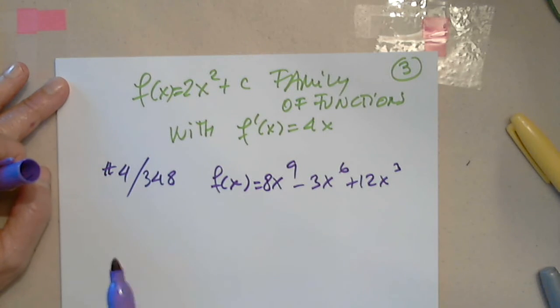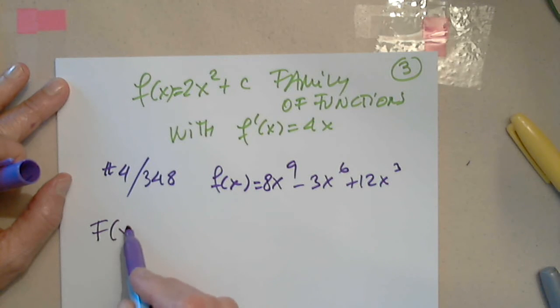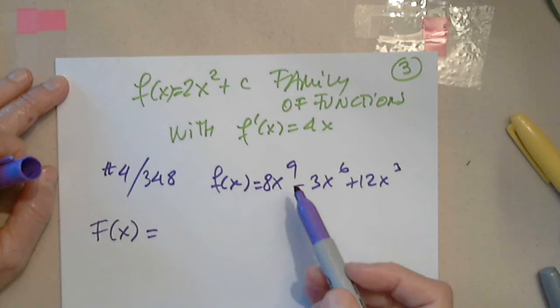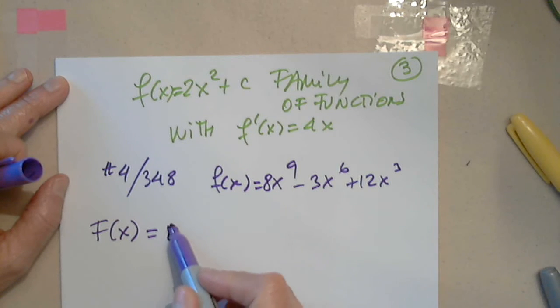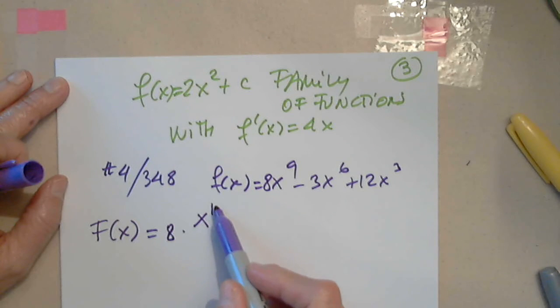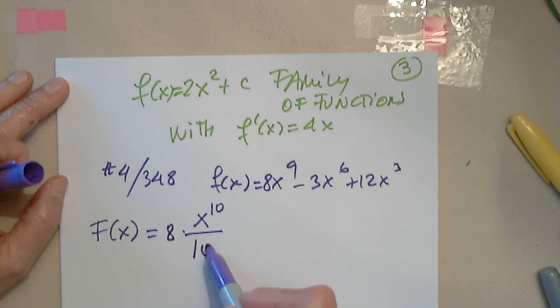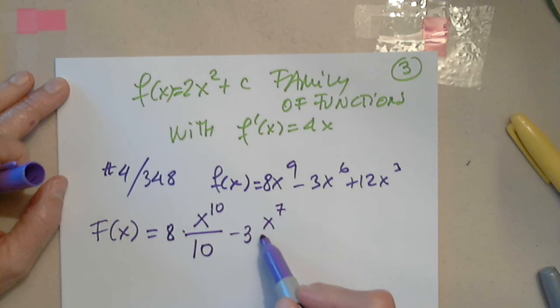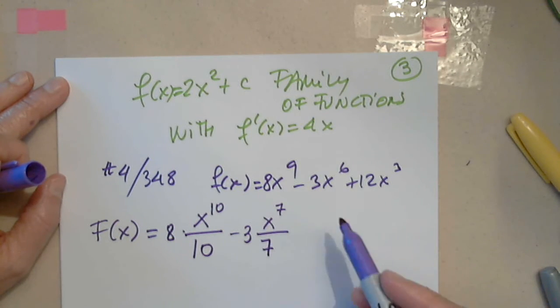Since we are given f of x, not f prime, I have to use this notation for the antiderivative. Okay, so 8 stays, and I increase the power by 1, and I divide by the same number. Minus 3, I increase the power by 1, and I divide by the same number.